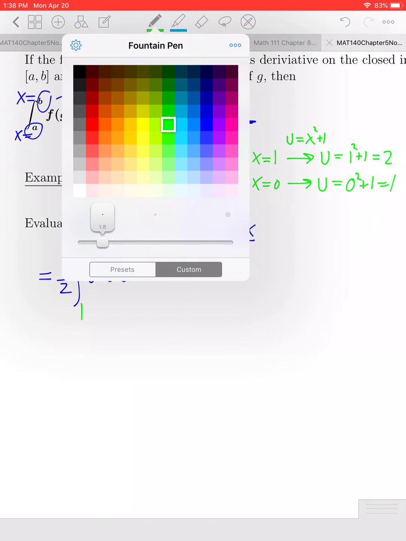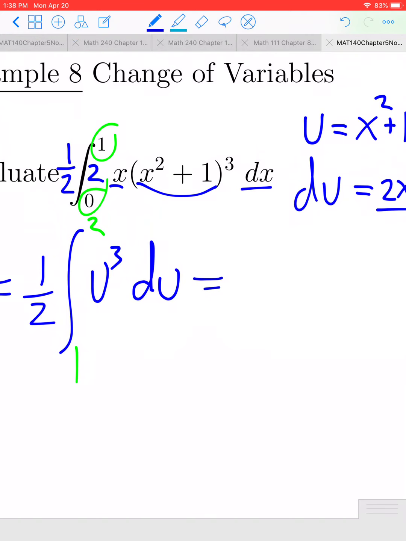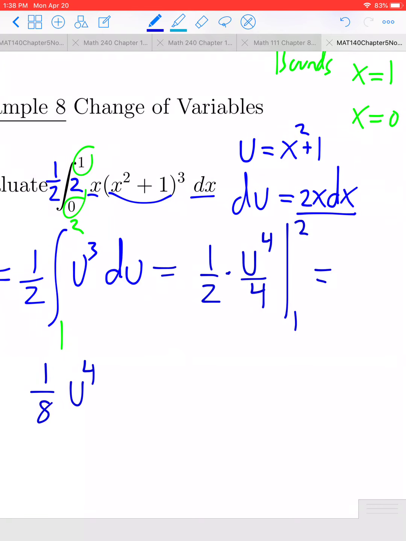We did our substitution and we changed the bounds. We can now finish this problem by finding this definite integral in the variable u. It's going to be 1/2 times the antiderivative of u cubed, which is u to the 4th over 4, evaluated from 1 to 2. I can write it more simply as 1/8 u to the 4th, evaluated from 1 to 2.